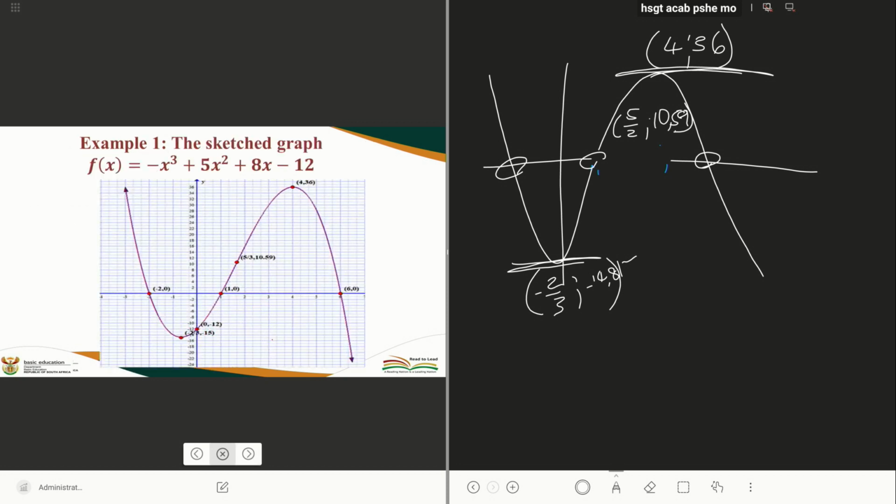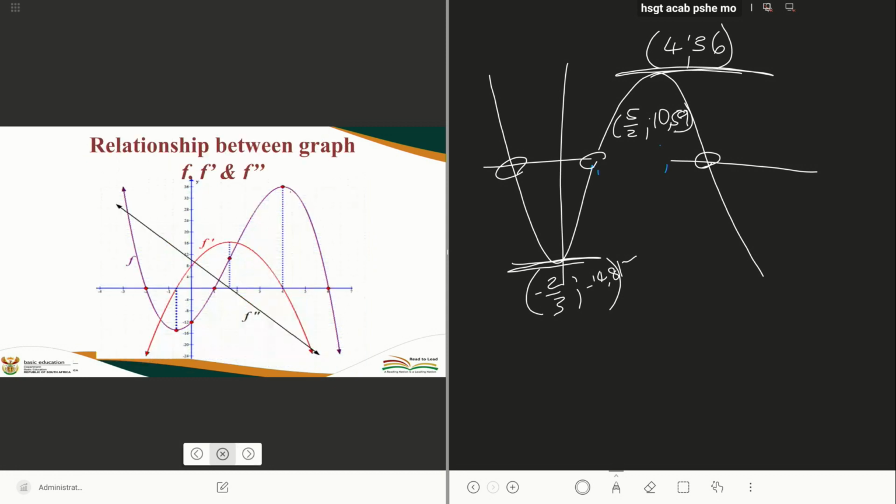We see our x-intercept that we got, our turning points, our y-intercept, our point of inflection, and our maximum turning or stationary point. That's how we sketch our function.